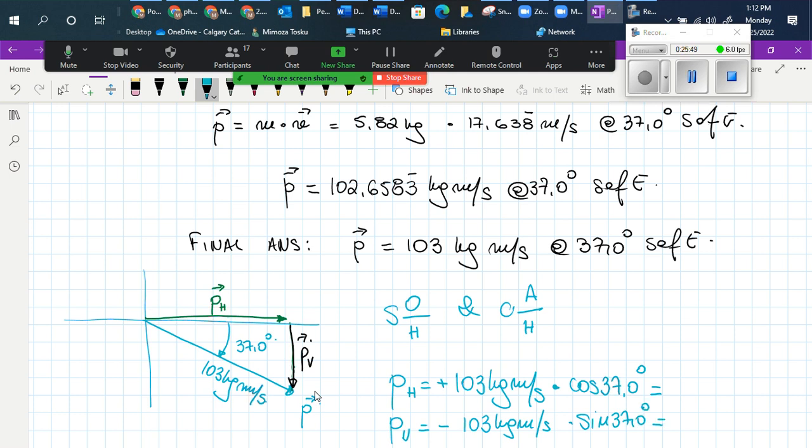Make sure that the mode of your calculator is on degrees, and then you will have the values. For the horizontal it will be positive 82.3, considering even the significant digits, and for the vertical it will be negative 62.0 kilograms meters per second.